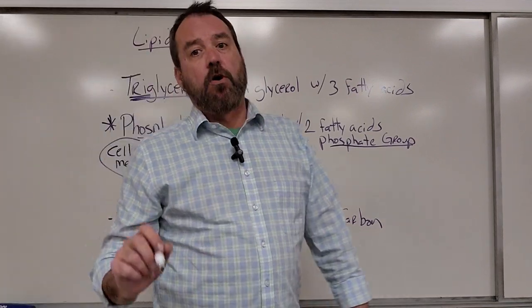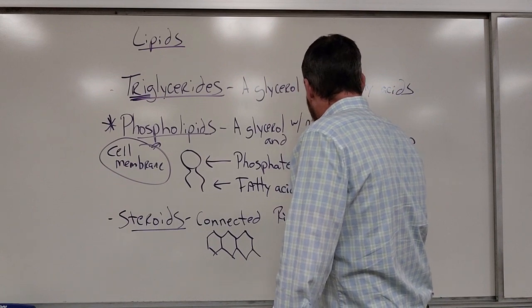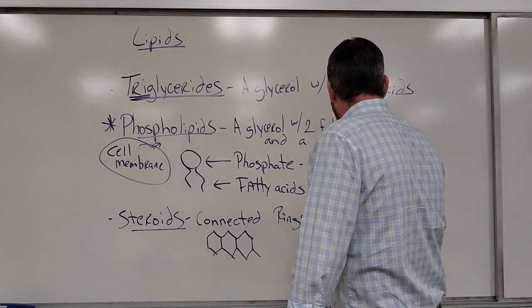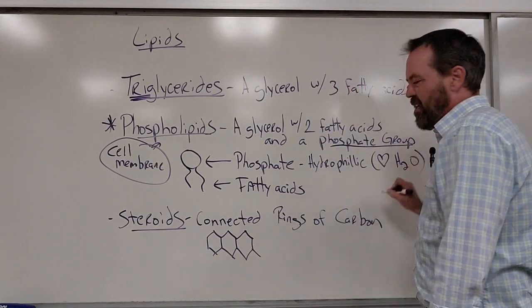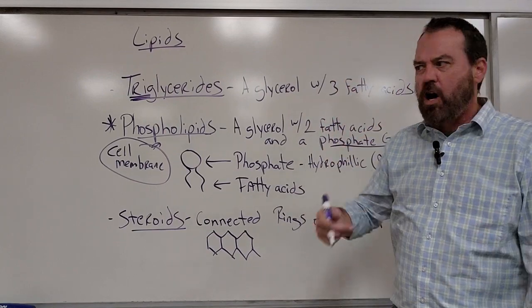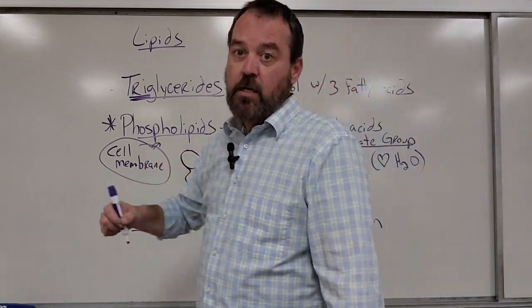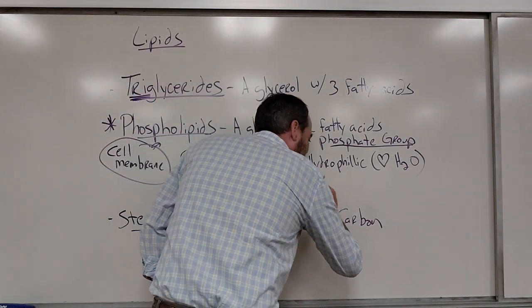The phosphate part we call hydrophilic, because it loves water. It wants to always be around the water, immersed in the water, but just the phosphate part. The fatty acid tails, on the other hand, we call hydrophobic.